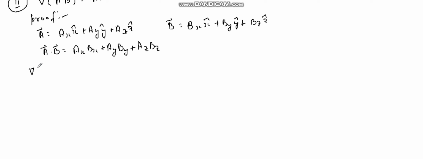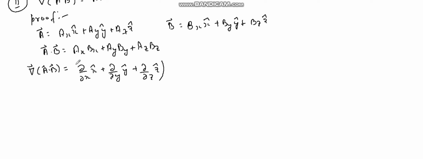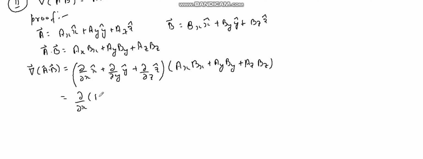So the gradient of this A dot B is actually going to look like this. So this is going to act on this dot product. So we're going to have this first term.